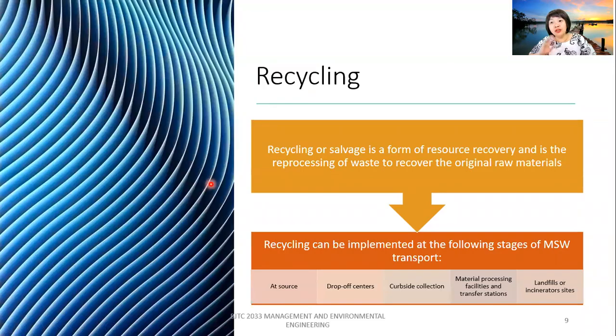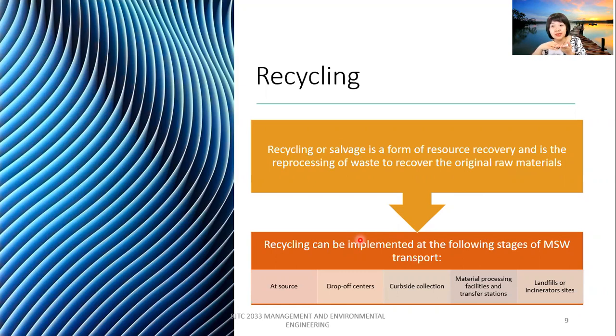Okay, so as all of you know, when we talk about recovery, the first thing must be recycling, then only can we recover some things back to us. So recycling of salvages is a form of resource recovery and is the reprocessing of the waste to recover the original raw materials. There are five places where you can do the recycling. The first one is at the source where you generate it, from your house.